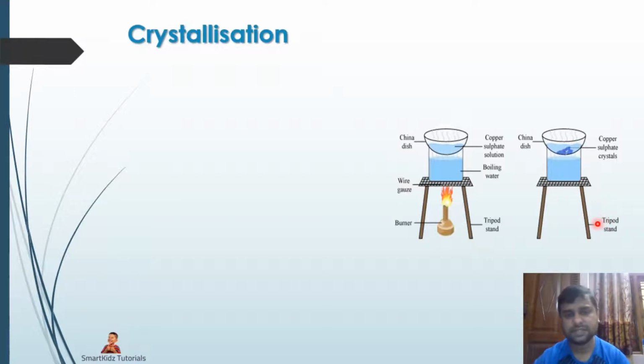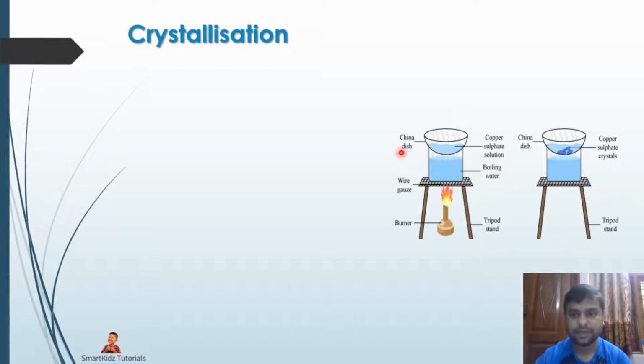Coming to crystallization, crystallization is used extensively nowadays to obtain high grade pure crystals in various industries. It's an expensive process, but you can get really good quality crystals of a particular substance that would have wide applications in various industries.